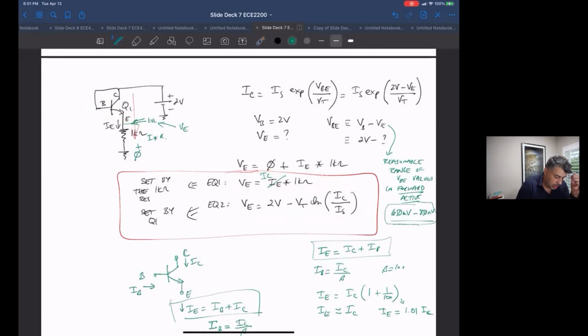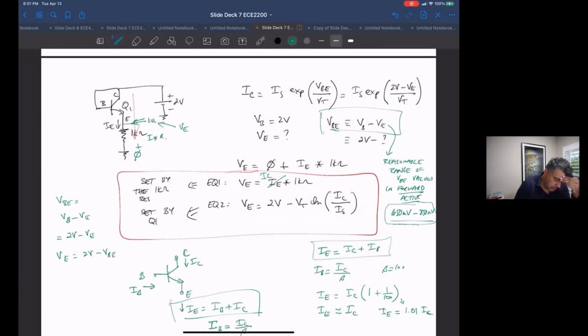So remember, VBE, as I wrote here, is VB minus VE. VB is given as 2 volts, right? So it's 2 volts minus VE. So VE is 2 volts minus VBE. So I can come up with an initial guess.